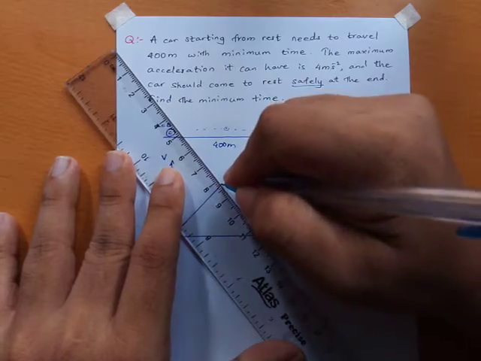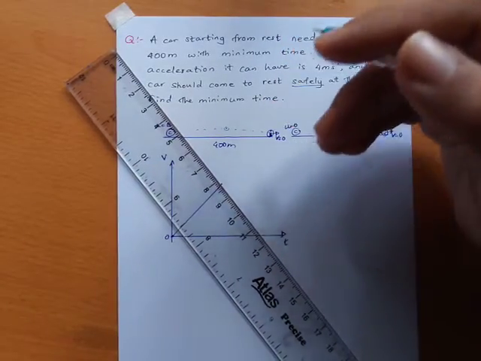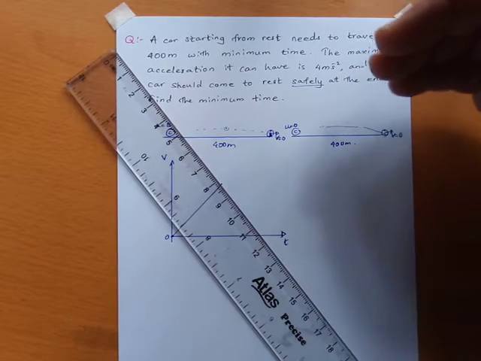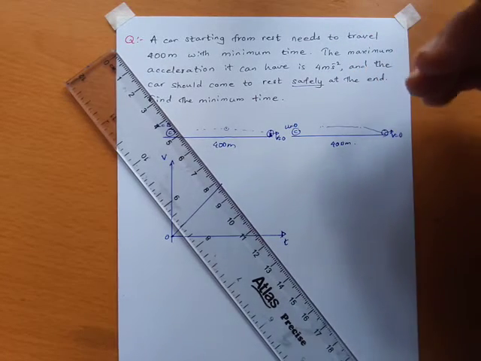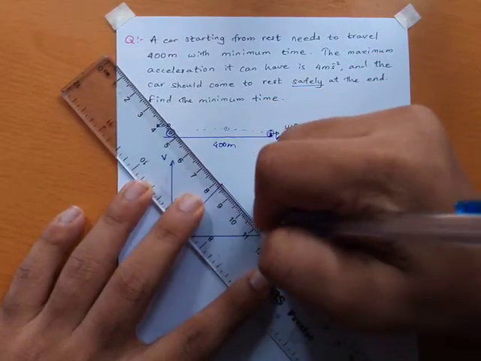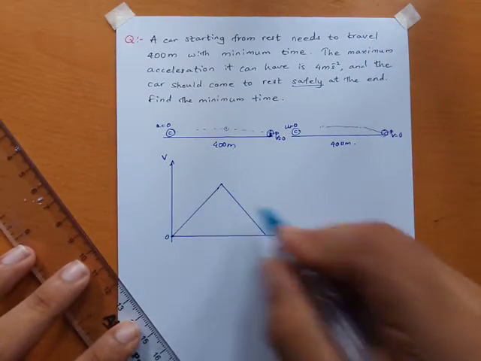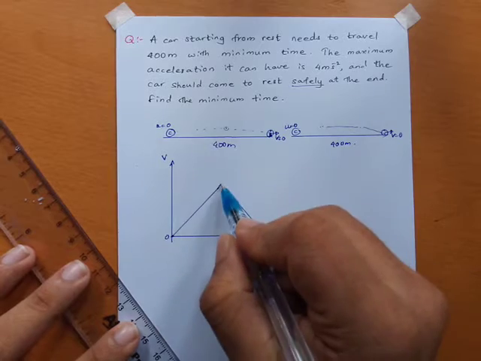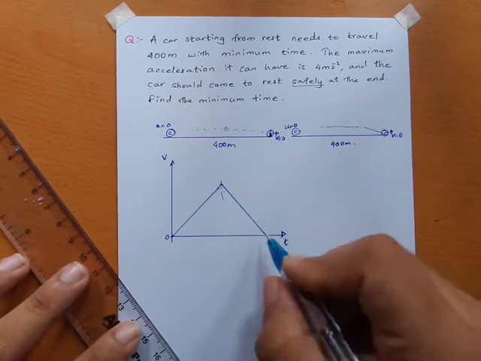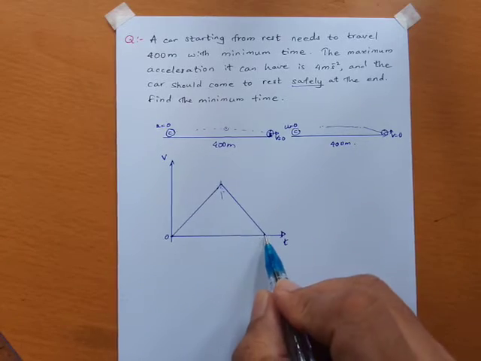Since the car has a maximum acceleration of 4 m s^-2, it will also have a maximum deceleration of 4 m s^-2, right? Therefore this is symmetric on both sides, so this angle and this angle are the same. And then it ends its motion at this point.